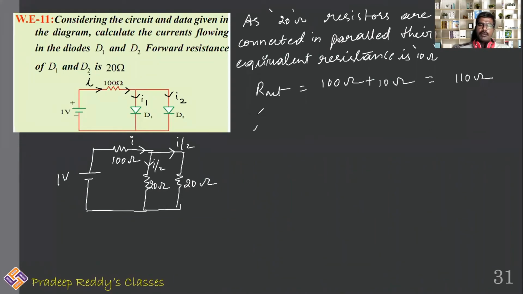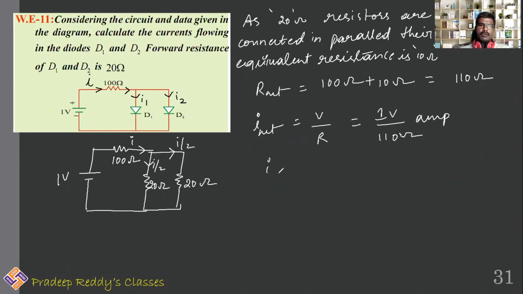I want to now find out net current in the circuit. Net current will be equal to V divided by R. V is equal to 1 volt divided by the total resistance in the circuit, which is 110 ohm, and this is in ampere. That gives you net current in the circuit.